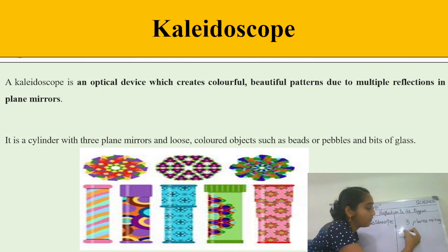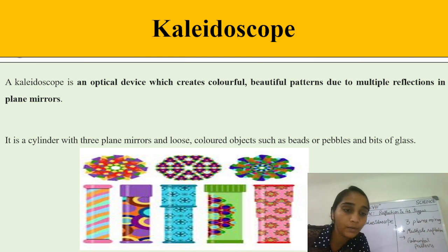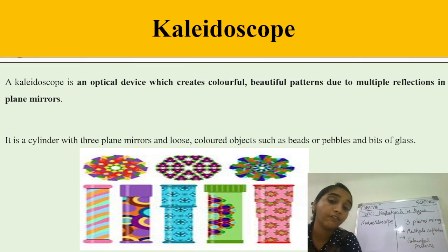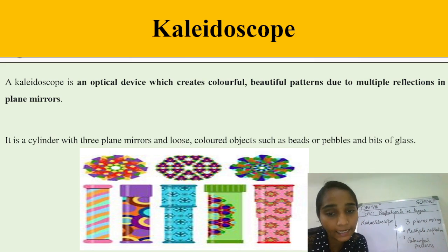Due to that, multiple reflections will be there, and hence we can see different colorful types of patterns. So this is what a kaleidoscope is: a cylinder with three plane mirrors and loose colored objects such as beads, pebbles and bits of glass. If we put them inside, we will see different kinds of beautiful patterns in the kaleidoscope.